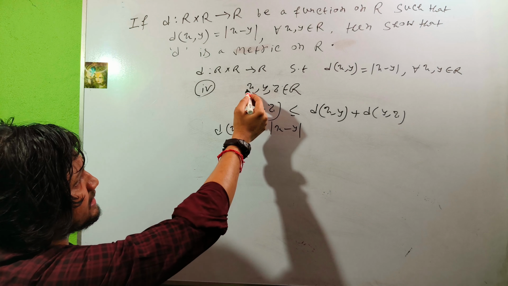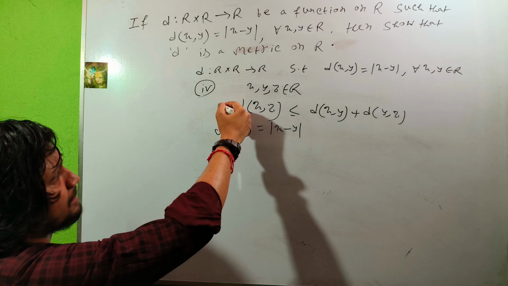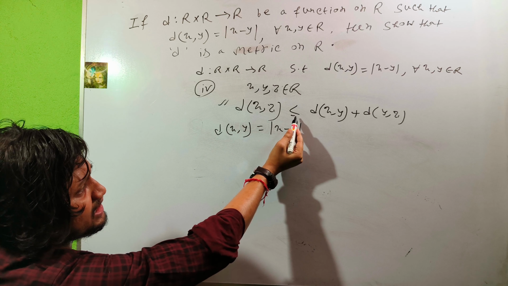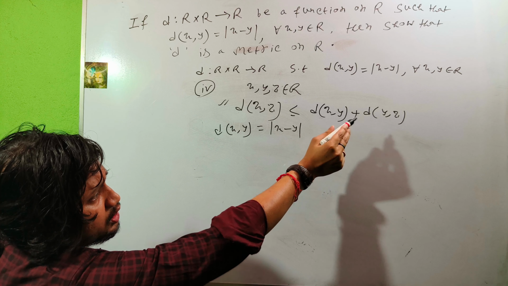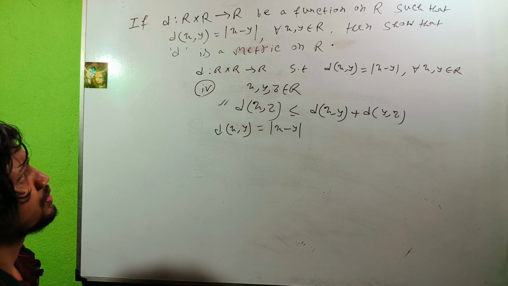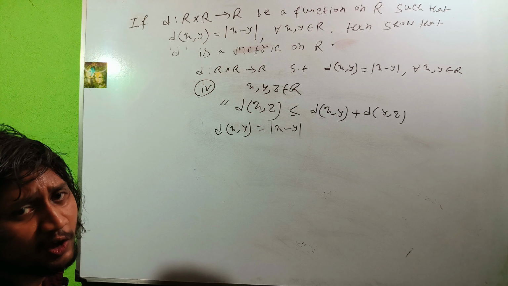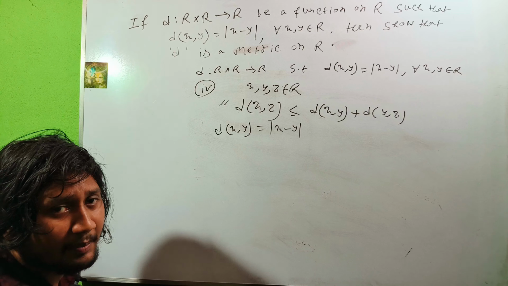Let us take three points x, y, z belongs to R, and we have to show d of x comma z is less than or equal to d of x comma y plus d of y comma z, to say that this satisfies the triangular property also to form a metric.